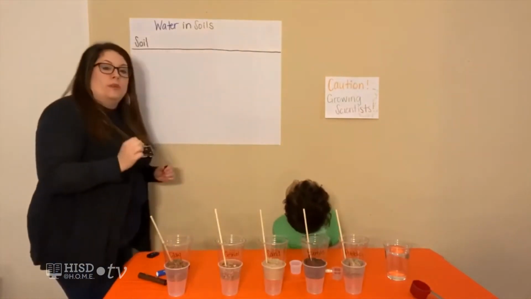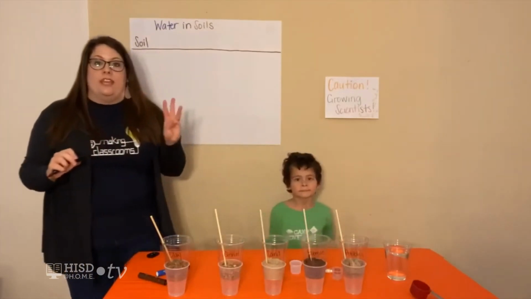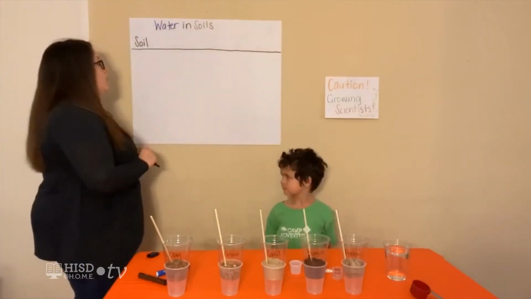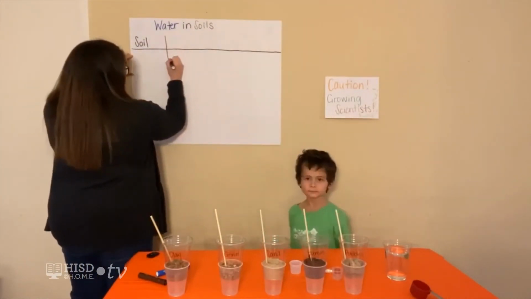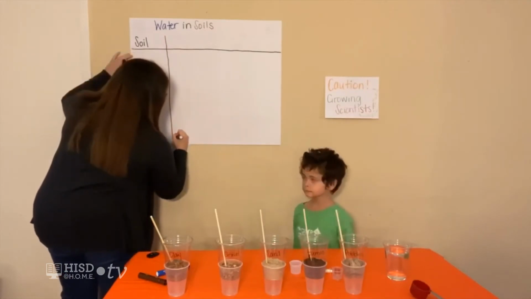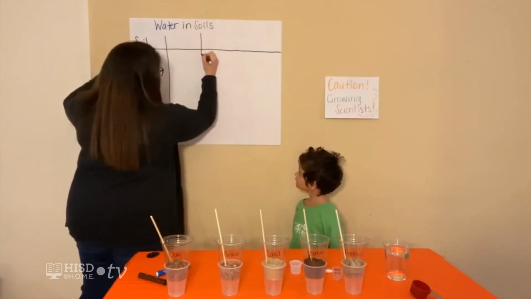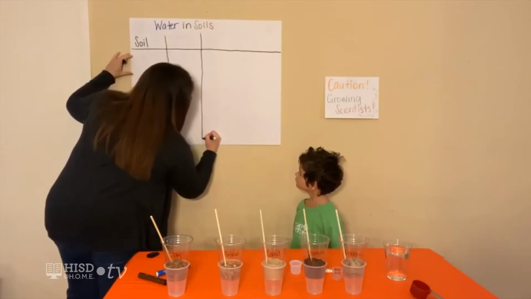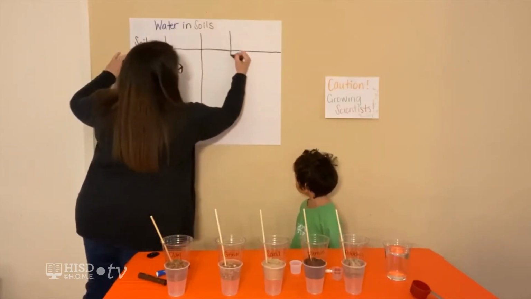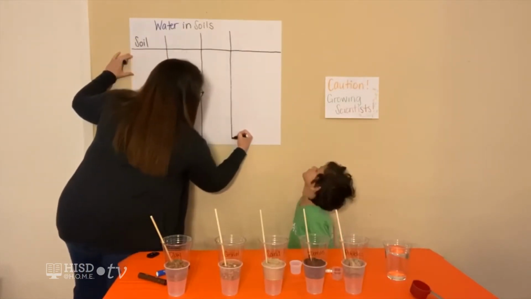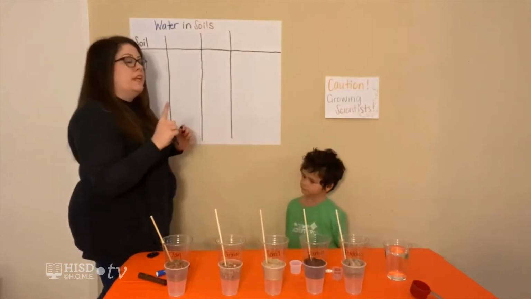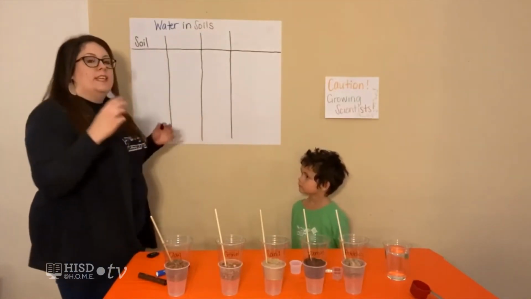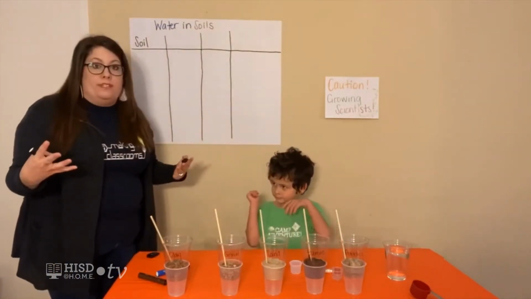And when I said 3 earlier, there are 3 different things that we want to know about our soil. So I'm going to make 3 lines down here to give us our 4 columns. Okay, so the first thing I want to know about my soil is we're going to add some water to them and see what happens.